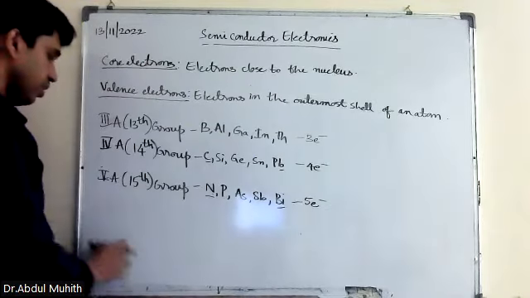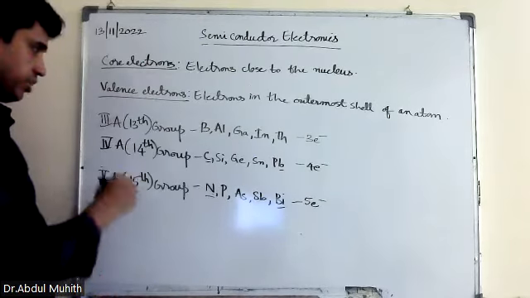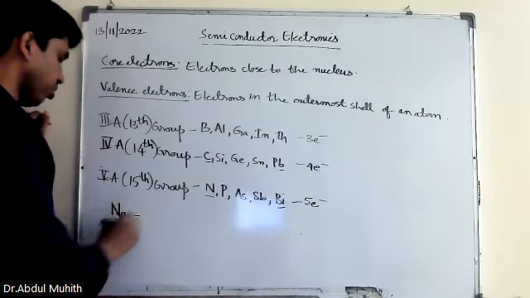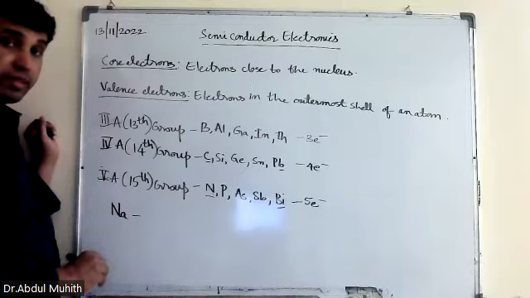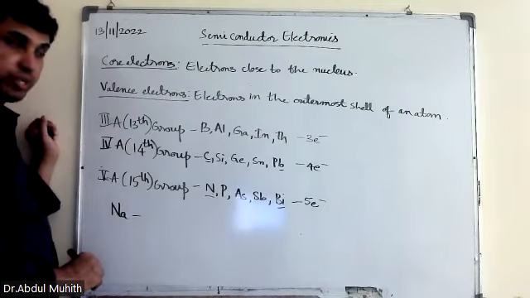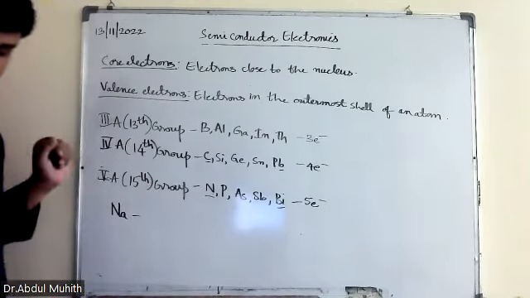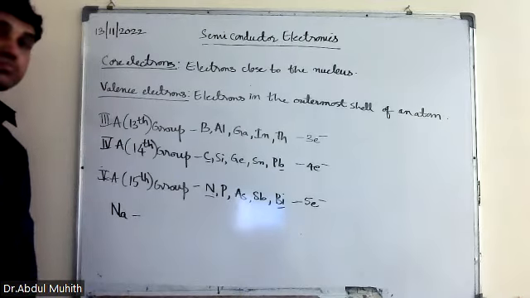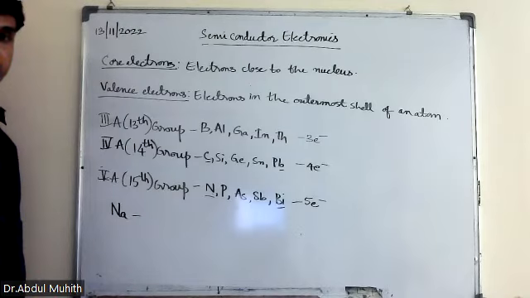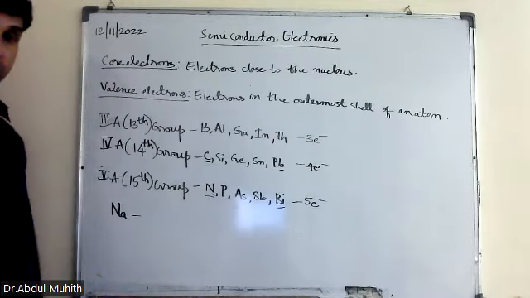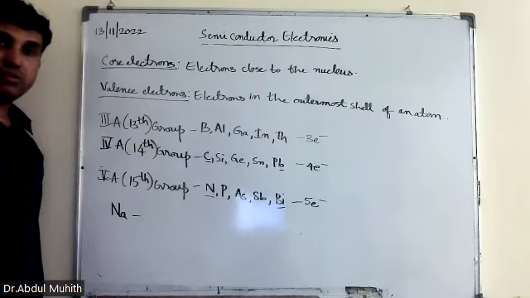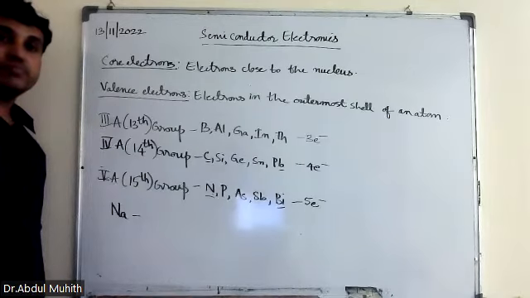Now suppose we are taking sodium. How many electrons are there in the outermost shell, the valence electrons, for sodium?